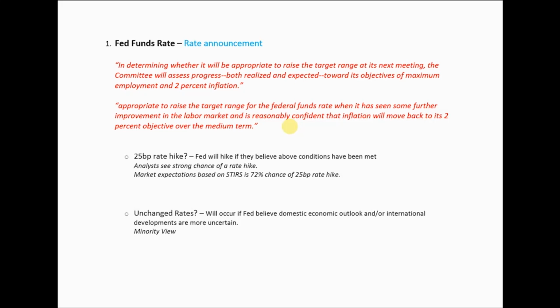Will that tip them over the edge and stop them from hiking rates? I doubt it. But that has been a reason why they haven't hiked rates in the past. But in September, when they touched upon these, the market was not pricing a rate hike like it is today. So in terms of that, the market will definitely react quite heavily if they don't deliver.